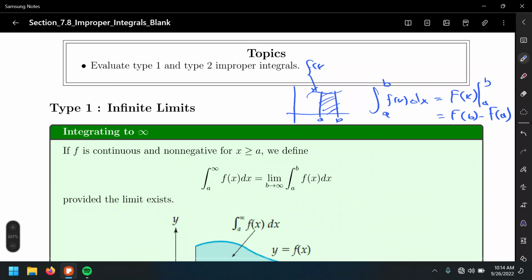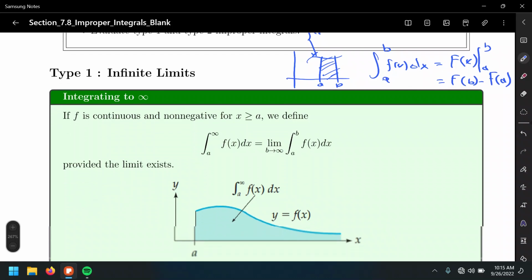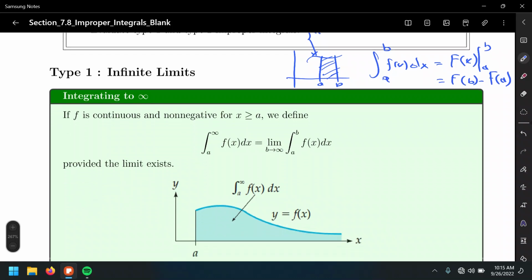We have used this theorem, or this definition, to compute integrals related to areas between curves, under the curves, volumes of solids of revolution, same idea. However, the issue is if one of the limits of integration is infinity. For example, what if we have the integral from 0 to infinity of little f of x dx?